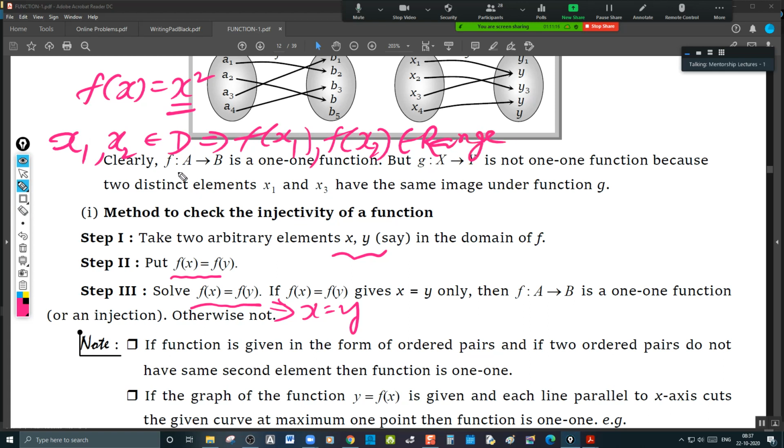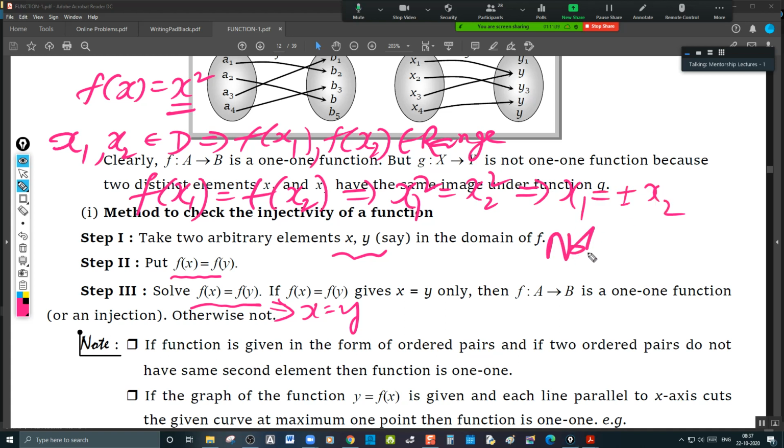If it is one-one and you equate the range elements, f(x1) is equal to f(x2), then you will have x1 square is equal to x2 square. Then x1 is equal to plus or minus x2, so it is not one-one. This is the theoretical method.